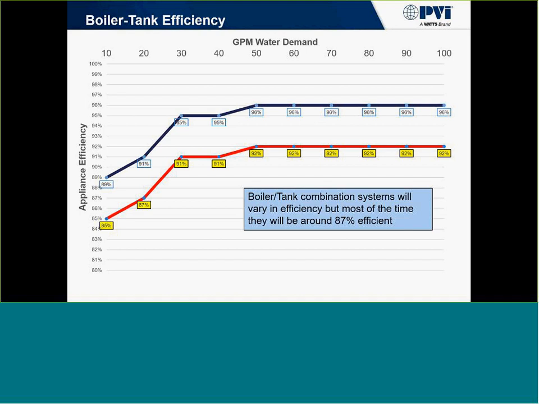Some other things that also need to be taken into consideration is that some boiler manufacturers actually derate their efficiencies based on their vent lengths. So certain boiler manufacturers will derate their efficiency by upwards of 4% for every 25 equivalent feet of their venting. So that's also important to take a look at.